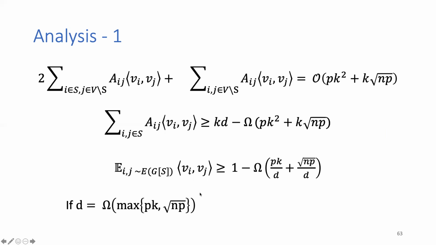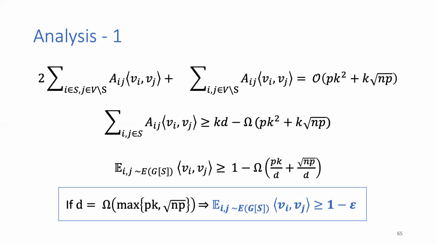So when d is greater than pk, square root np, this error term is small, and we essentially show that the expected value of v_i dot v_j is greater than 1 minus epsilon. This is a very rough analysis of what we do.